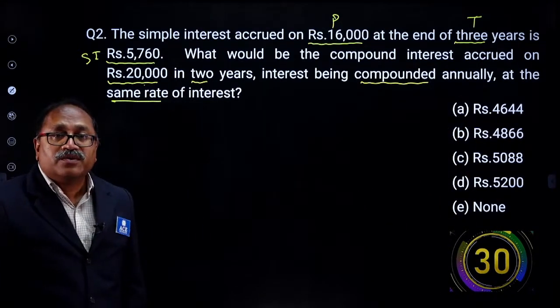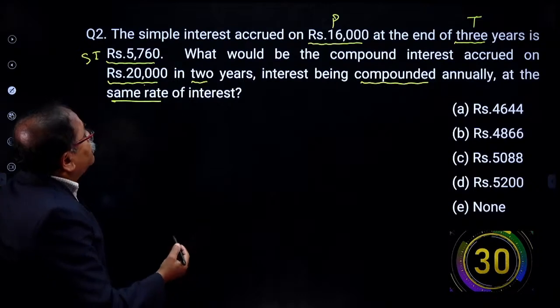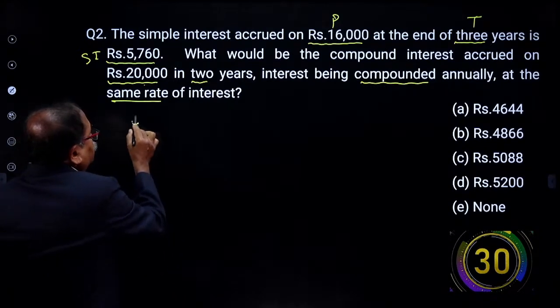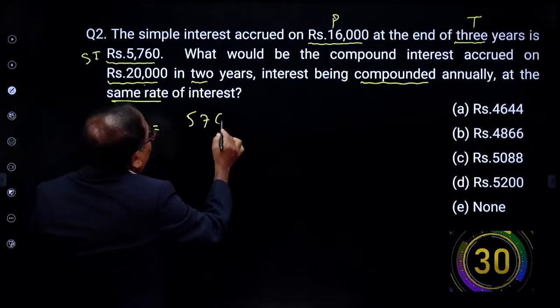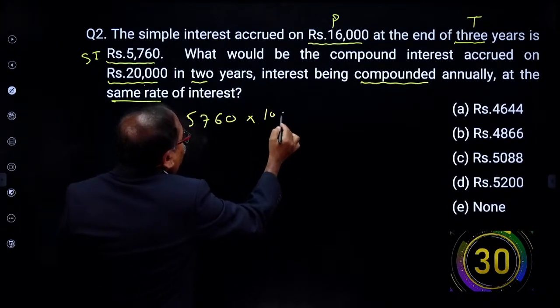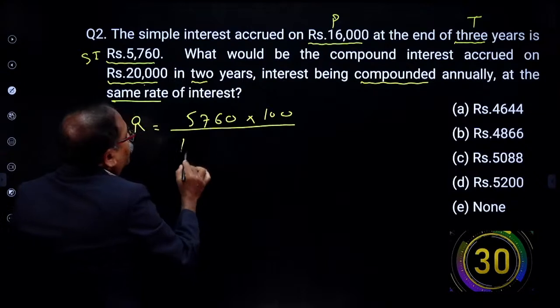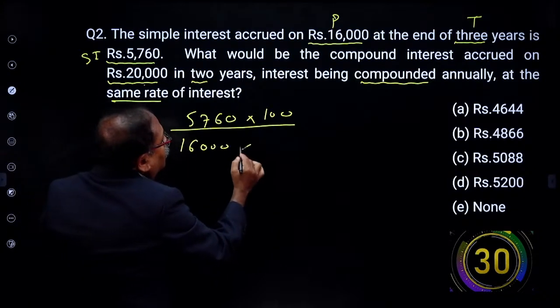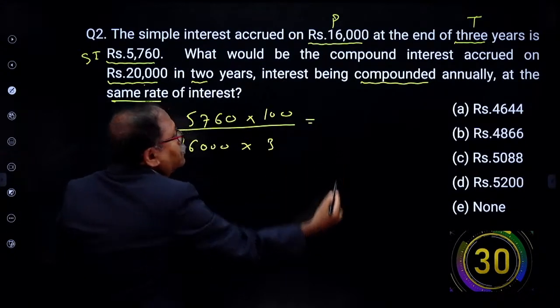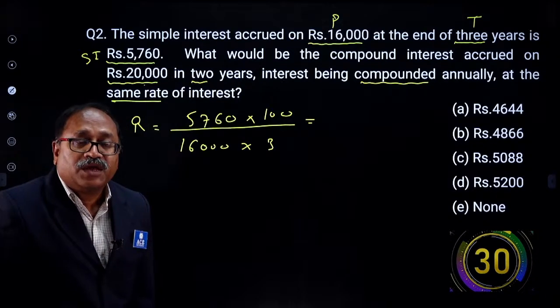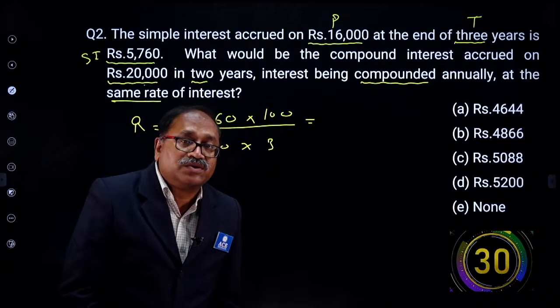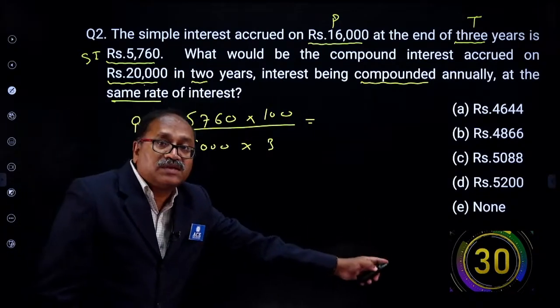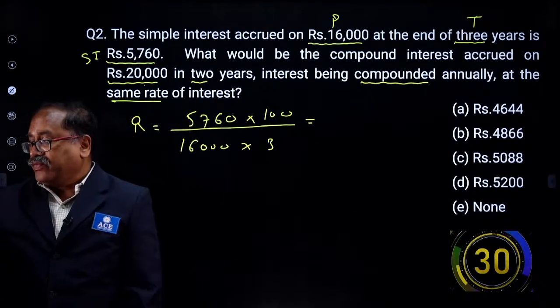Okay, my friends, I will just find out the R first. R is equal to, there are many ways, this is one of the ways you can do it. That's the ready-made formula, 16,000 into 3 years, you are getting the R. And once you get the R, you will be working on the second line of the question. Your time starts now. Come on.